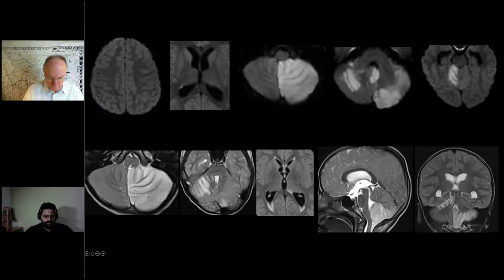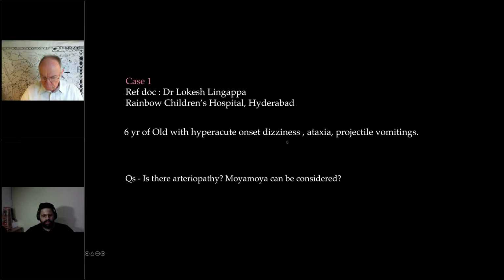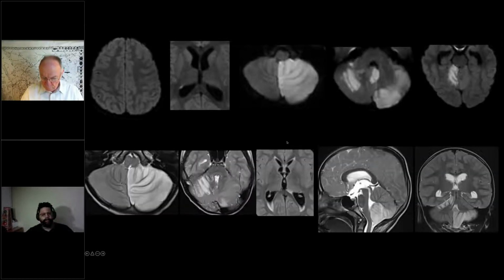And as you can see, that is causing compression on the fourth ventricle, resulting in some obstruction and hydrocephalus with periventricular seepage of the CSF. There's also inferior tonsillar herniation and a degree of mild basilar impression. So it's an acquired Chiari 1 deformity with bilateral posterior circulation strokes, resulting in mild obstructive hydrocephalus.